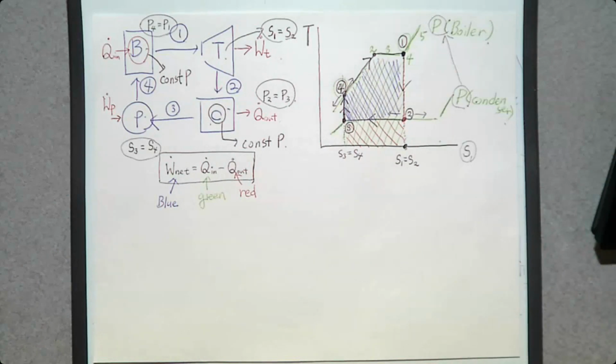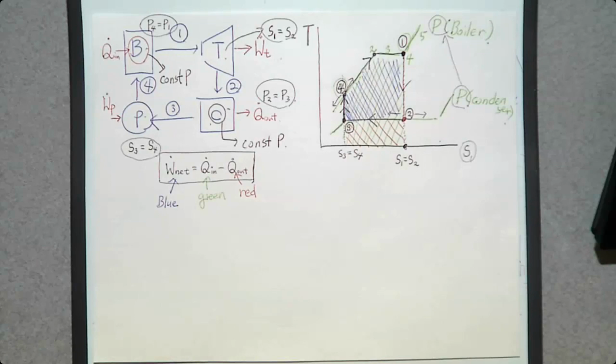Then once you study up to here, what do you want to do? So I successfully analyzed this Rankine cycle. Then what do you want to do? That's it? No. We want to improve this Rankine cycle.